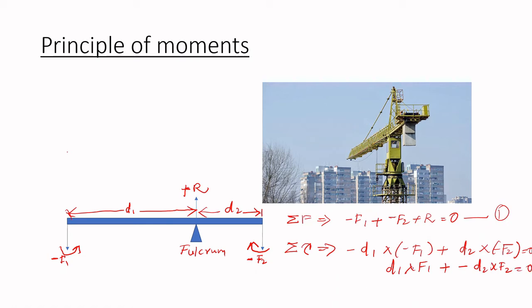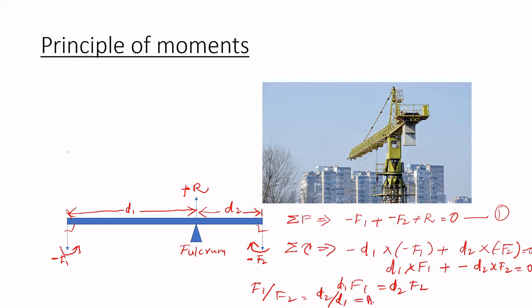Now d1 cross f1 is d1 f1 sine theta, but sine theta over here is 90 degrees. The distances and the forces are acting on both sides at 90 degrees. So it will be just d1 f1 equal to d2 f2, or the ratio f1 divided by f2 is equal to d2 divided by d1.